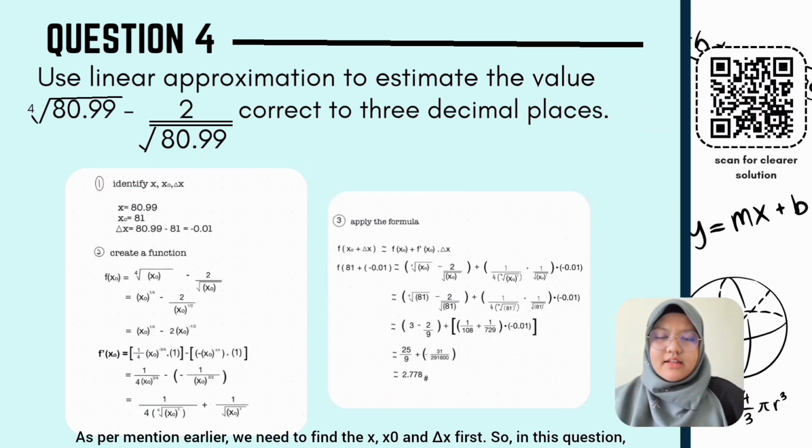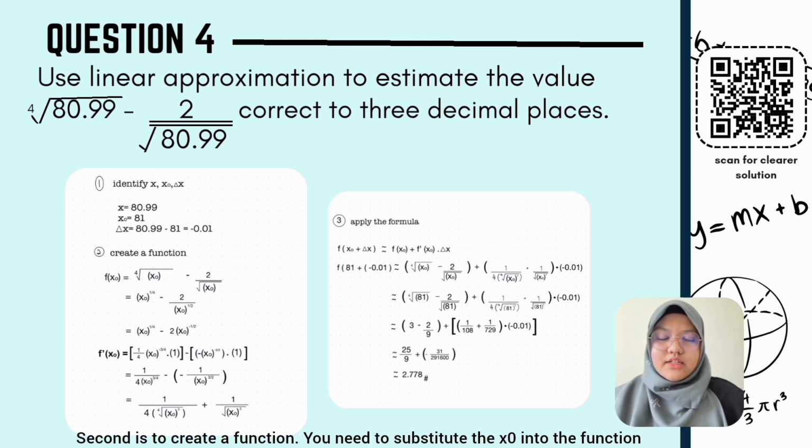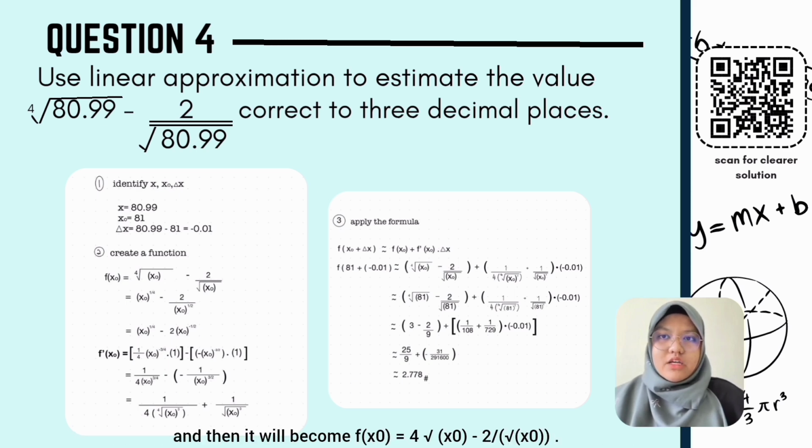As mentioned earlier, we need to identify the x, x0 and the delta x first. So in this question, the x is 80.99, x0 is 81, while the delta x is 80.99 minus 81, and then you will get negative 0.01. Second is to create a function. You need to substitute the x0 into the function, and then it will become f(x0) equals fourth root of x0 minus 2 over square root of x0.